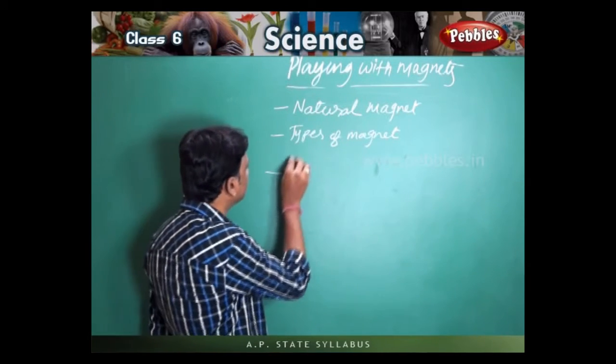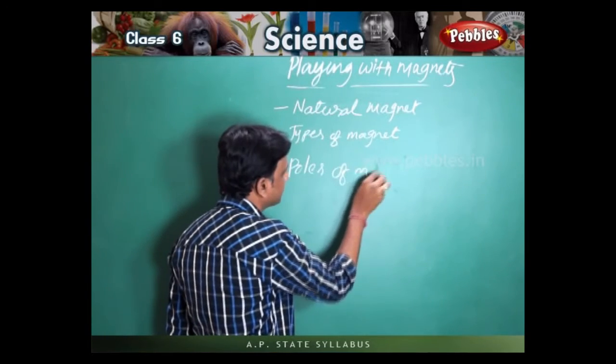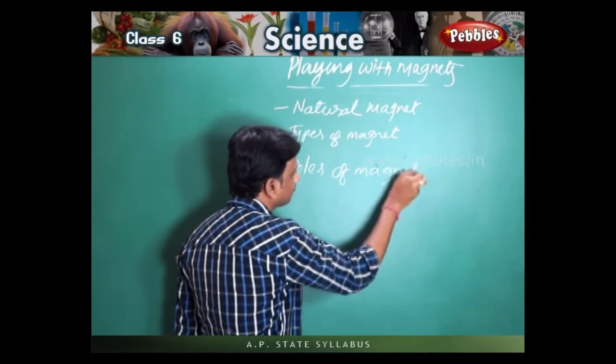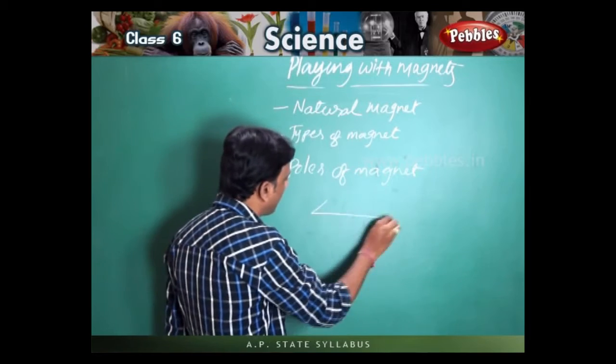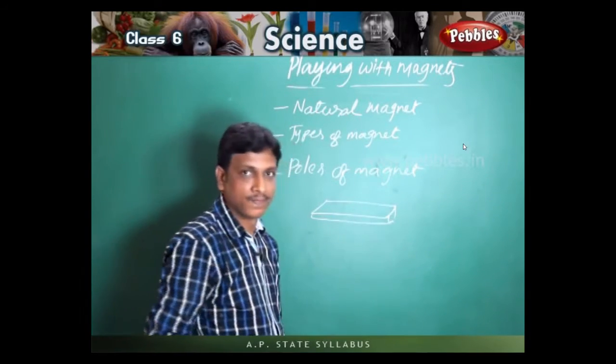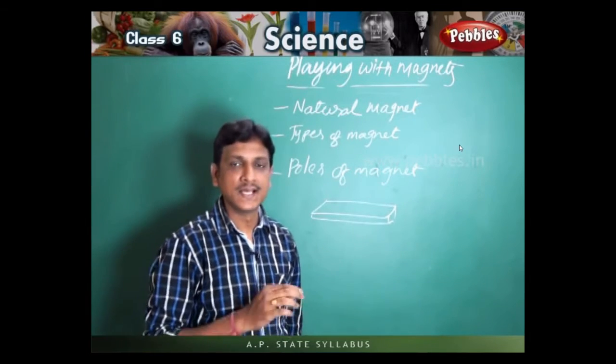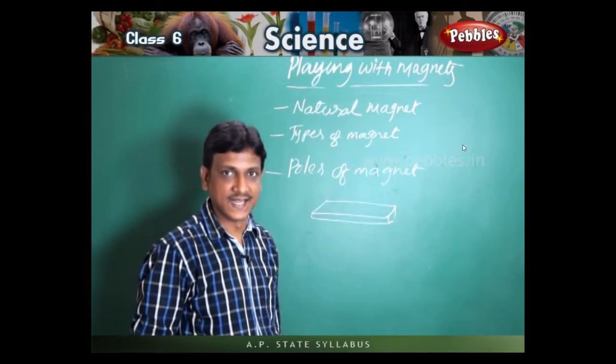And the next thing we learned about magnets is poles of magnets. If we take a bar magnet, this bar magnet possesses two poles. And one more thing we learned about the poles is that opposite poles attract.